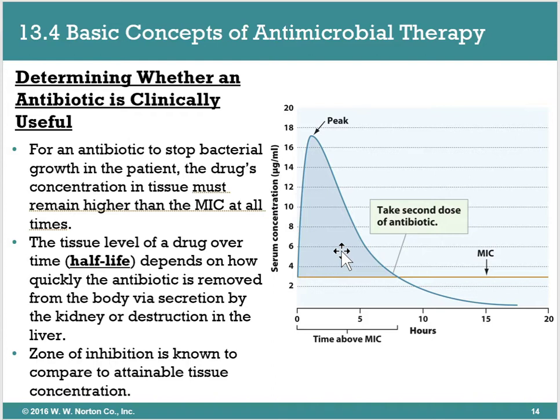That is the reason why you always want to take your antibiotics on time, so you can always have this peak of antibiotic throughout the course of your treatment. Because if you don't get multiple peaks, the microbe is going to eventually be able to grow and continue its infection process.